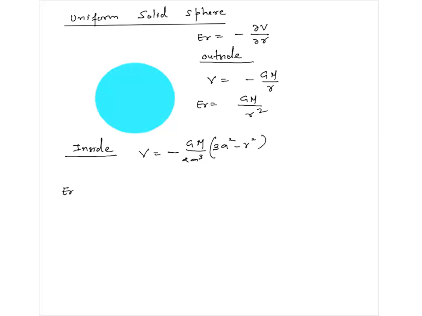Now ER would be minus dou V by dou R, taking constants out.